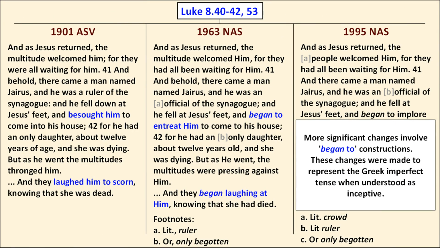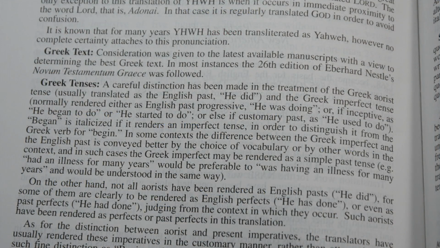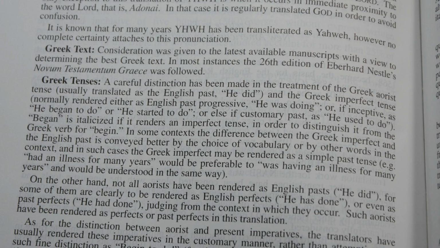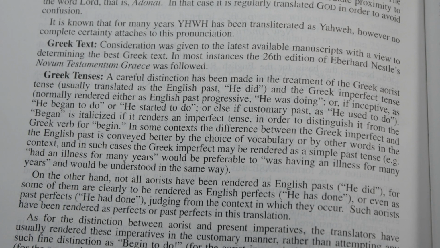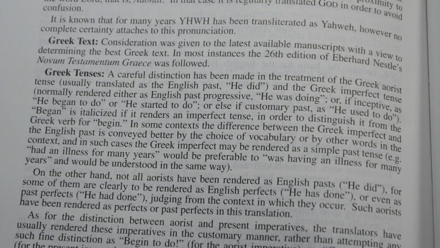More significantly, in 1963, the NAS began these "began to" constructions with the word "began" in italics. If you see "began to" in the NAS with the word "began" in italics, that's a signal that they're translating the Greek imperfect tense. Sometimes you'll find "began to" in the NAS without italics, like in Mark 13:5.